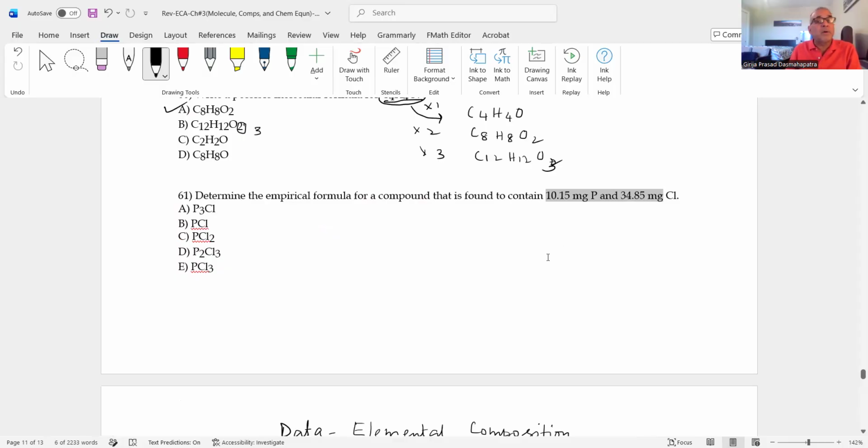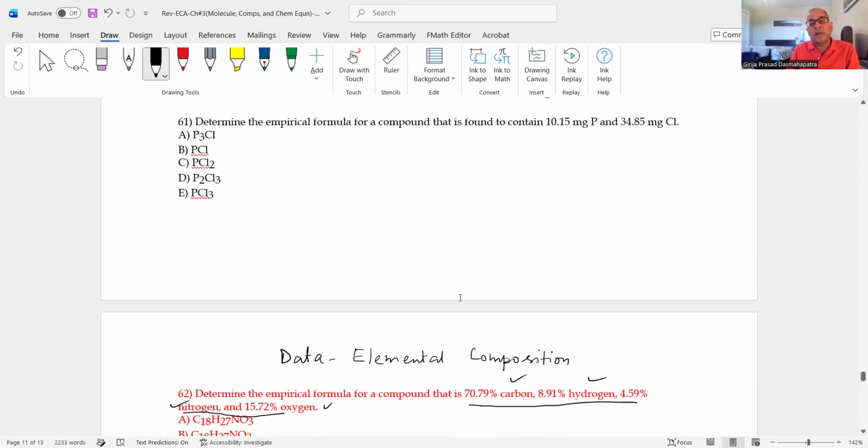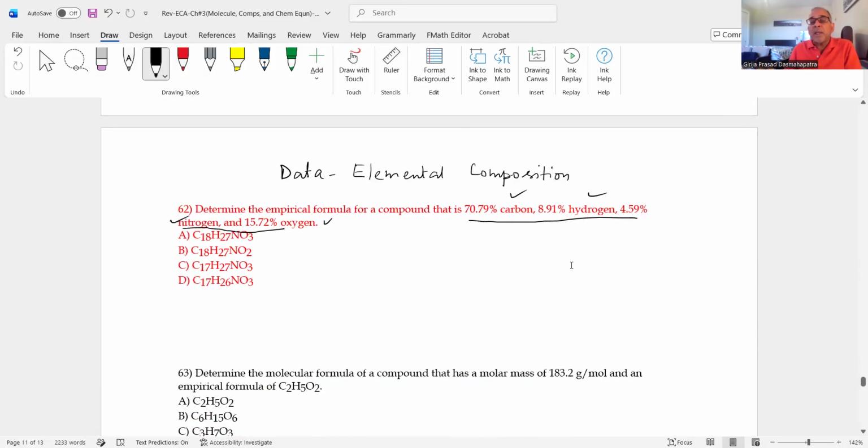It could be kilograms, it could be grams, as long as the different elements present and their quantities are given in the same unit. Now, if this data is given to you, or you have to find it out by doing an experiment. Actually, in a little higher class, you can do some experiments to find that kind of data. So once you have that elemental composition in common units, you can find out the empirical formula.